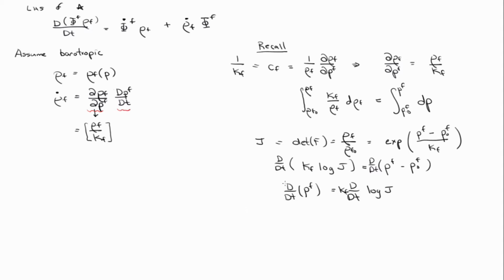Now we have that right here, so we'll plug it in. Kf d/dt log J, and the Kf's cancel, so that ultimately we have pf d/dt log J. All right, so that takes care of this term.